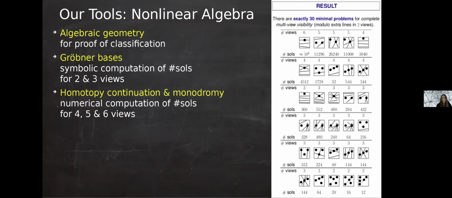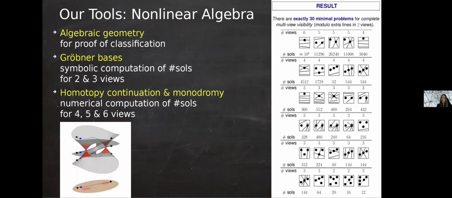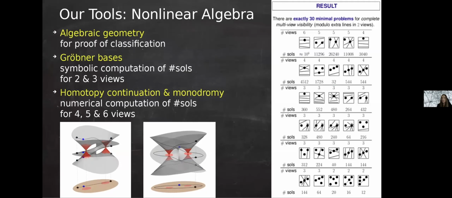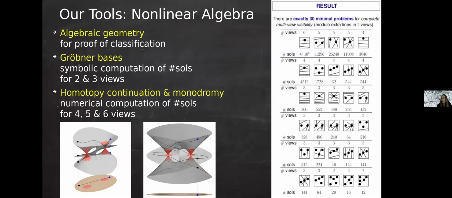For the problems with 4, 5, or 6 images, we needed to use state-of-the-art algorithms from numerical algebraic geometry, which are homotopy continuation and monodromy. But now I will not explain how these very cool algorithms work, which you can also develop these solvers.